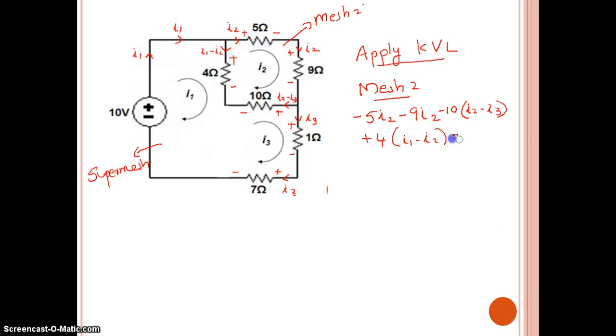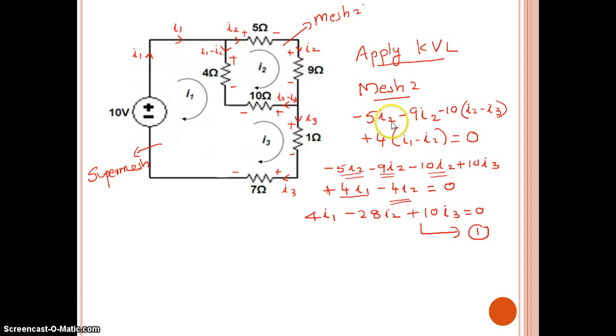This should be equal to 0, as there is no voltage source here. Readjusting this equation, we get 4 I1 minus 28 I2 plus 10 I3 is equal to 0.